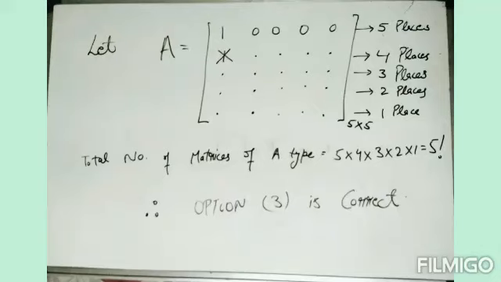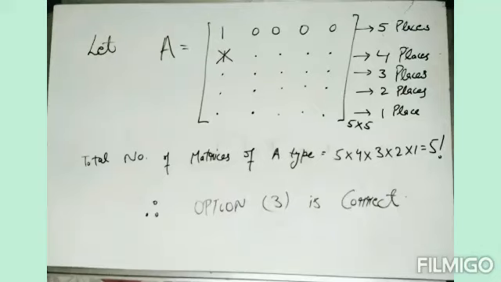So total number of places here are 4. Similarly, for the third row, the total number of places to keep the 1 is 3, and the total number of places in the fourth row to place 1 is 2. Similarly, for the last row it's 1.